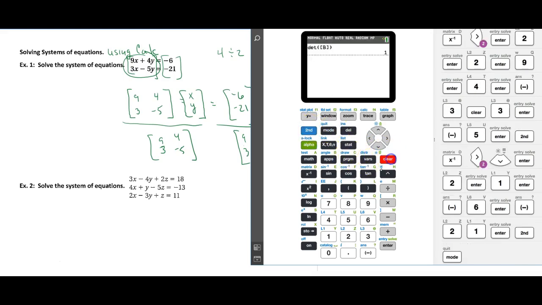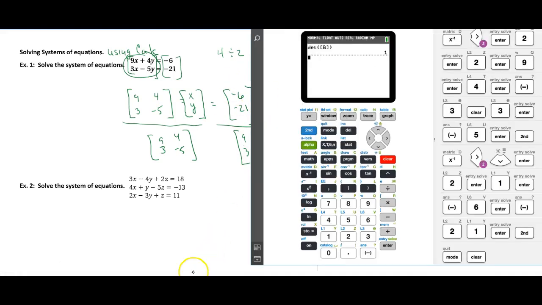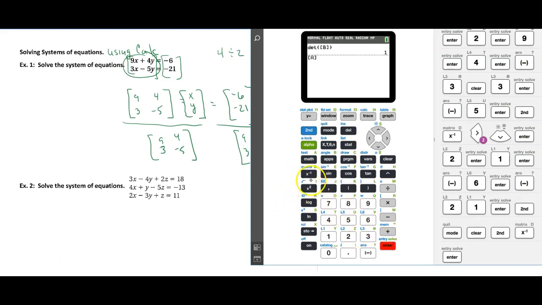And now, what you have to understand here is I'm doing the inverse of the coefficient matrix times the constant matrix. So I'm going to go second matrix, A, and you have to understand the inverse button is x to the -1.